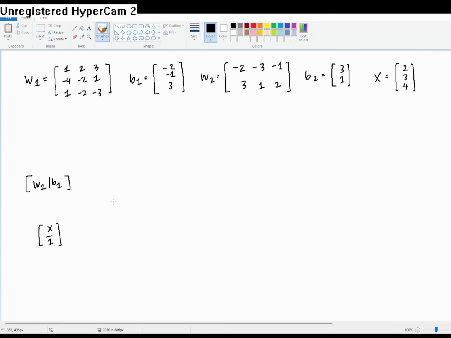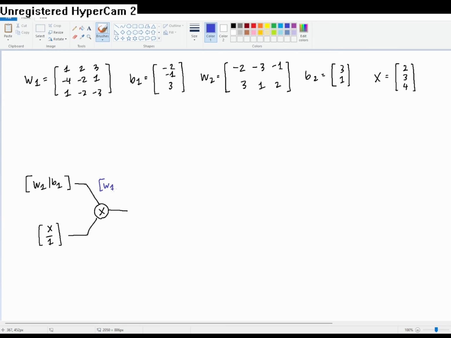Now the first thing we're going to do is wrap them together, and you remember you need to wrap a 1 to the bottom of the x because otherwise the dimensions will not match when we multiply them together. This multiplication is pretty straightforward. We're just going to write out what's happening exactly.